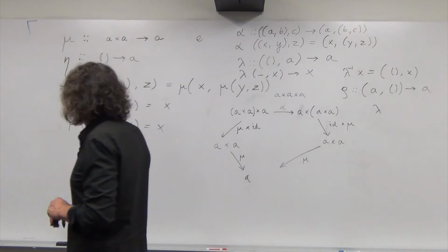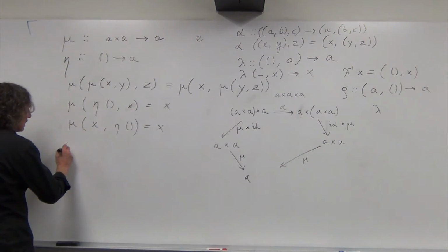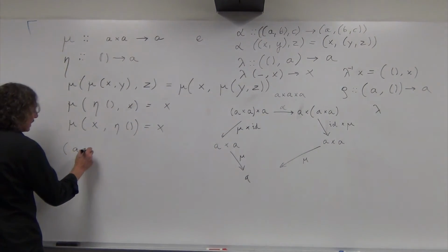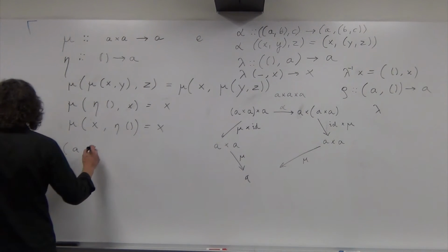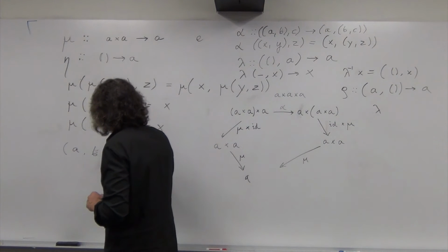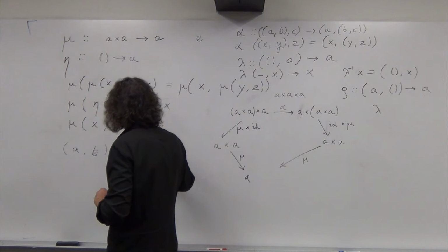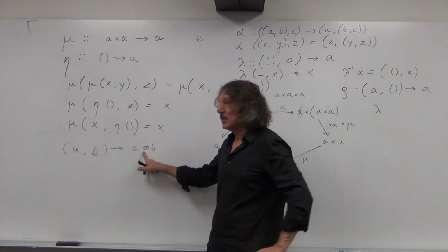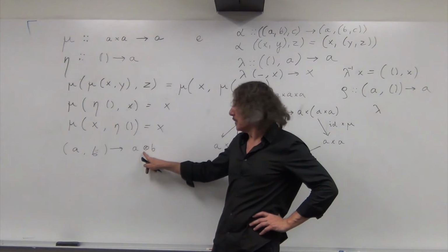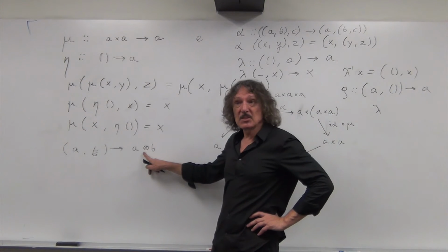So it takes A, B, and produces A cross B. Now this could be a product, this could be a coproduct, but in general we call it a tensor product.